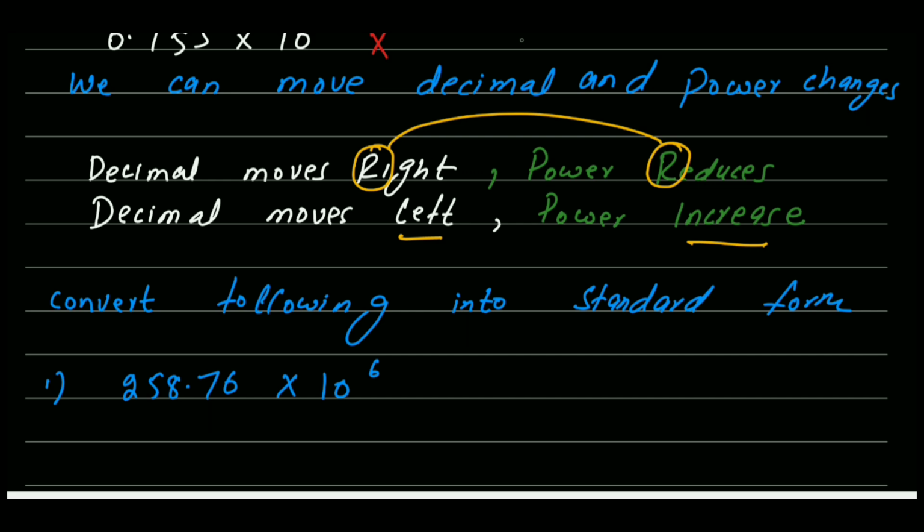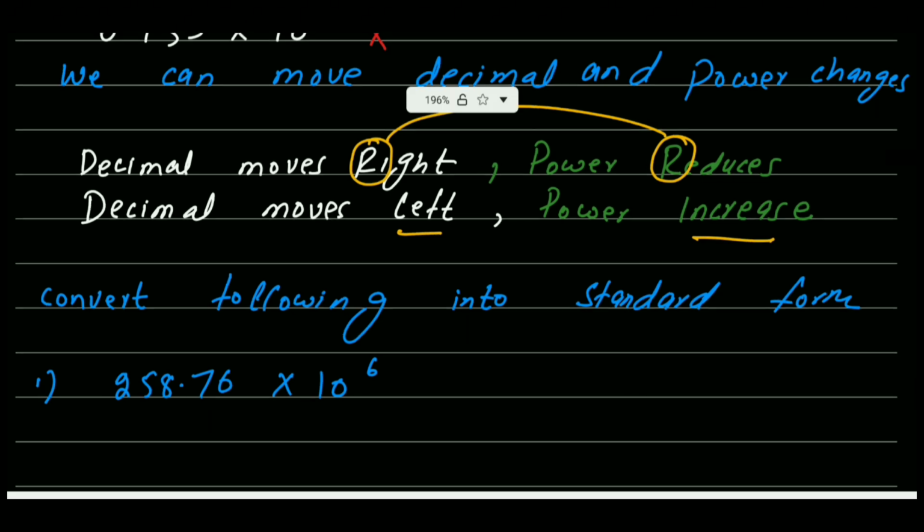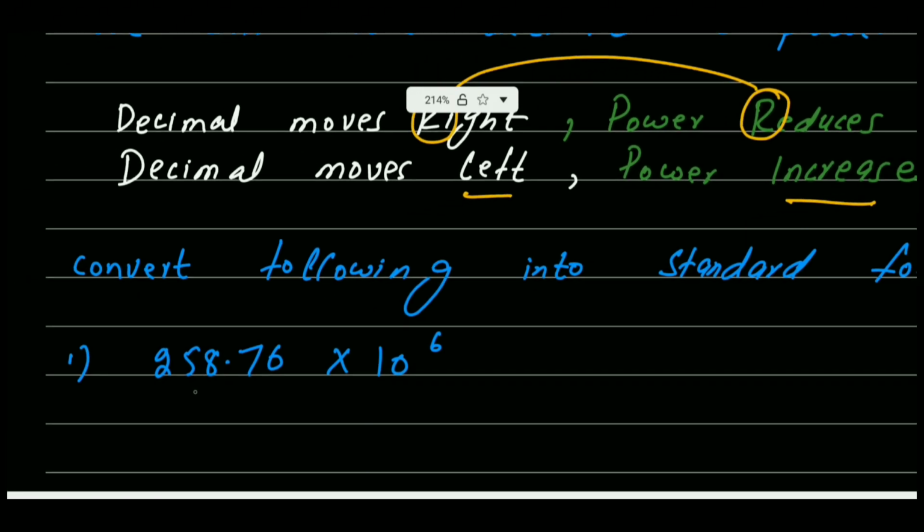So how do we convert it into standard form? We can see that this is not a standard form because this is not within the given range. So what we will do, the decimal should be moved here after 2, then it will be within that range. So it will become 2.5876.